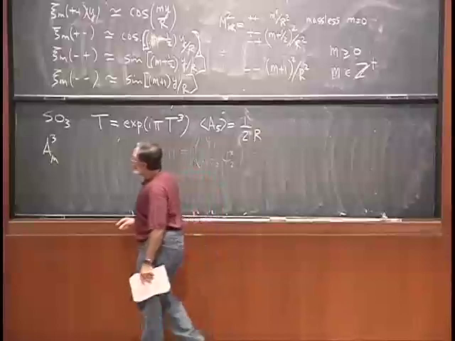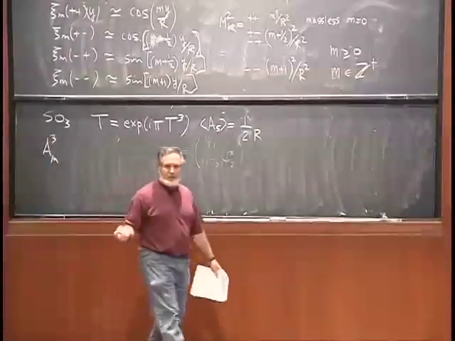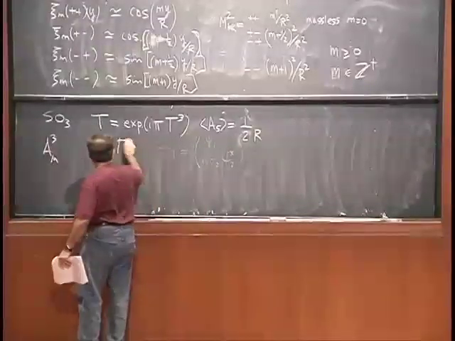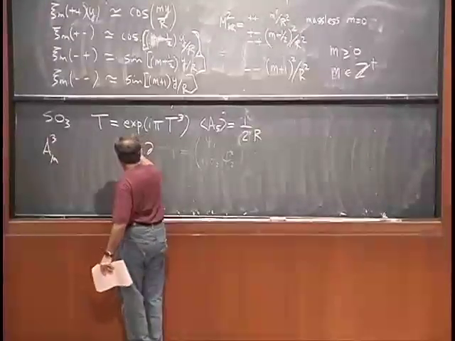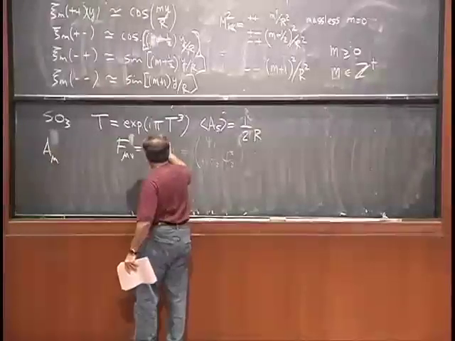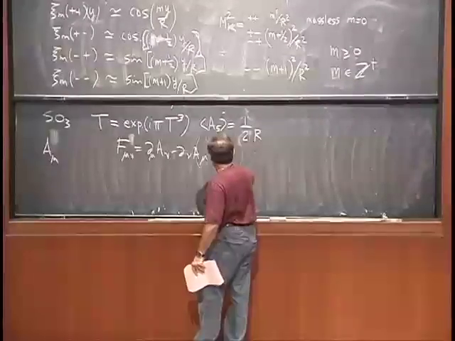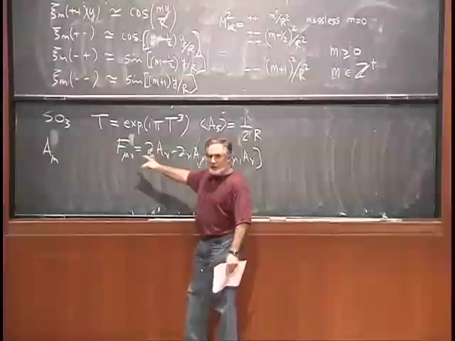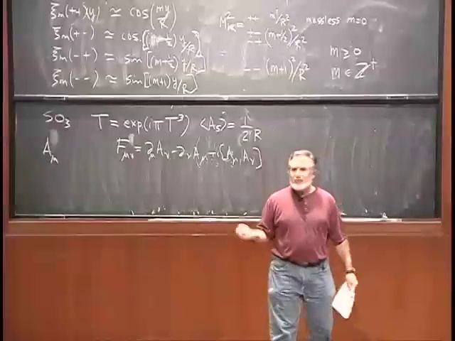Okay? First of all, we have to assign this parity operation. What happens when A mu of y goes to A mu of minus y? Well, A mu appears in the field strength, d mu A nu minus d nu A mu, under y goes to minus y. What I want to argue is that A mu has to be even.